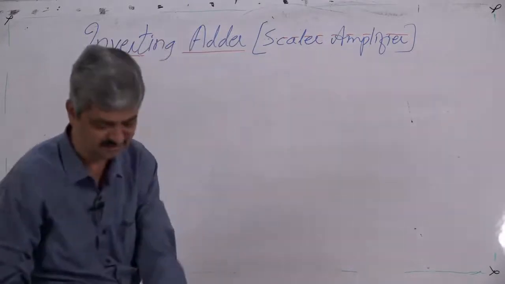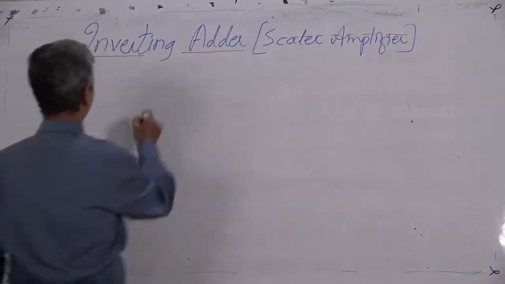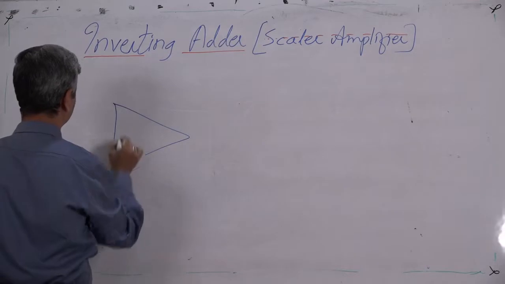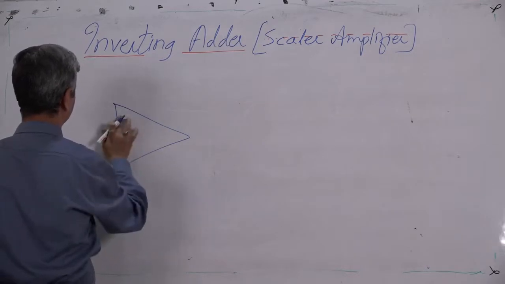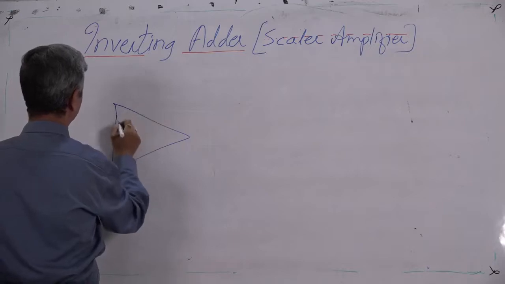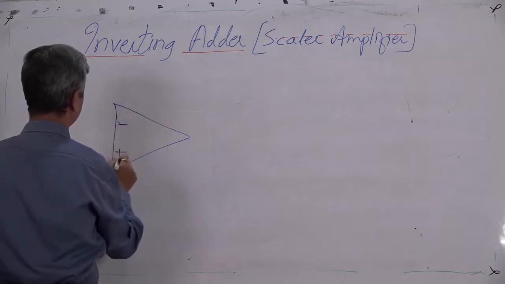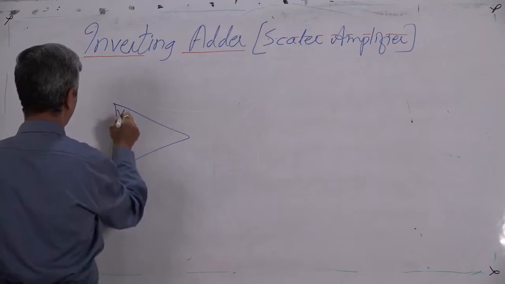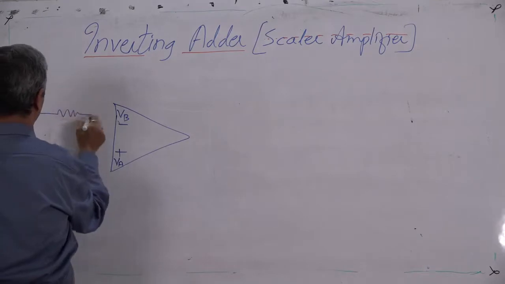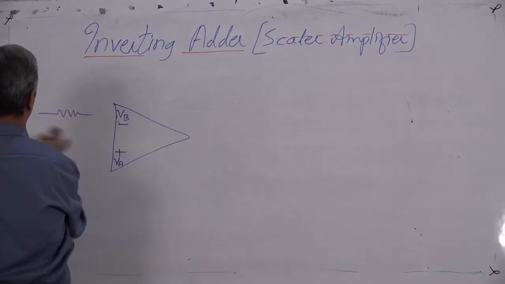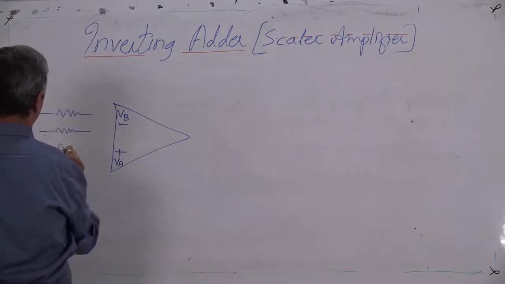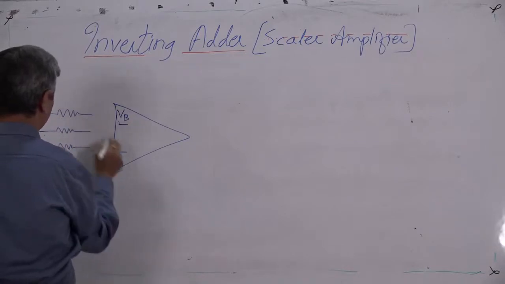So, we draw the simple circuit. This is always VA and VB, these are the crux. This we have taken 3, but it can be anything.